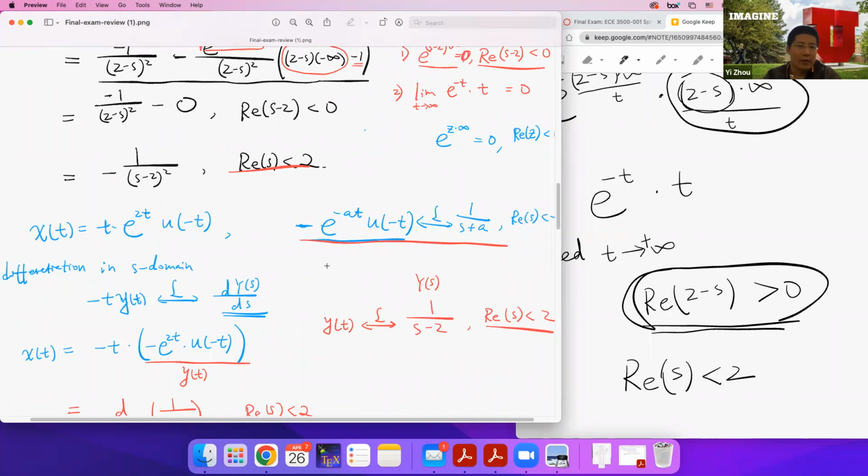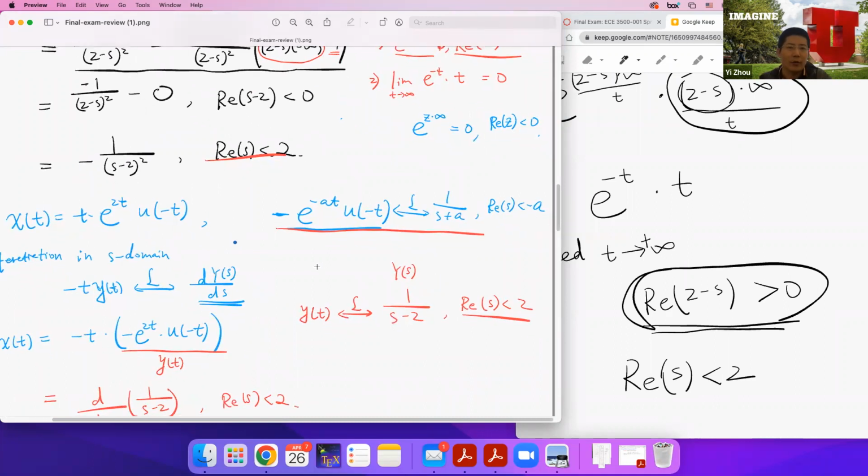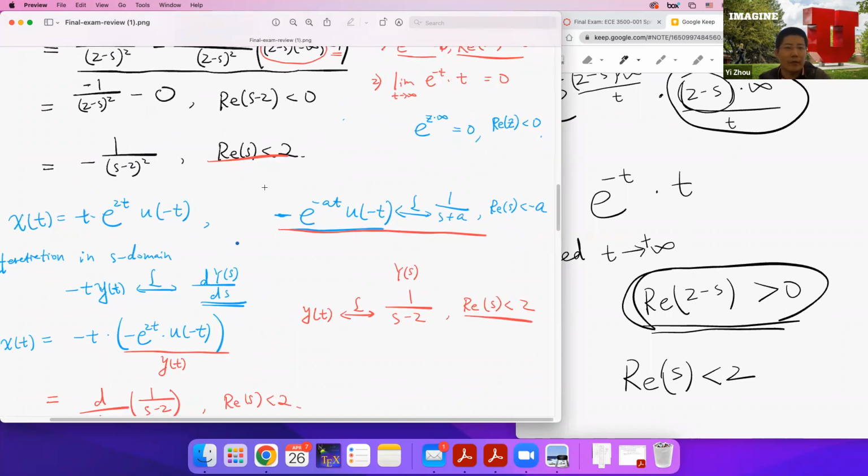Okay. So now let's look at how to introduce this factor by leveraging the differentiation in the frequency domain property. From the table, we are given such a pair of Laplace transform. This is given in the slides.